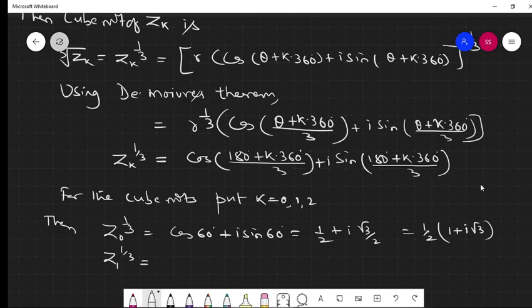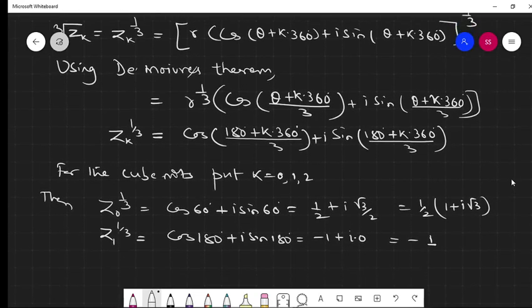And z1 equal, here k is 1, 360 plus 180 is 540, 540 divided by 3 is 180 degree. So cos 180 degree plus i sin 180 degree equal cos 180 degree is -1 plus i times 0 equal to -1.